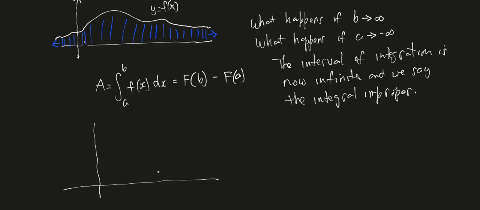What if, for instance, let's say you have your a and b, but now, just as an example, what if b happens to be a vertical asymptote of your function? So your function starts off, but then your function becomes infinite, so that now your region goes like that.